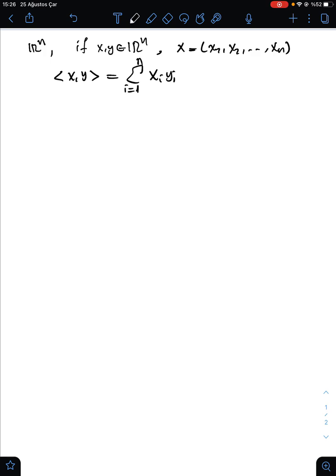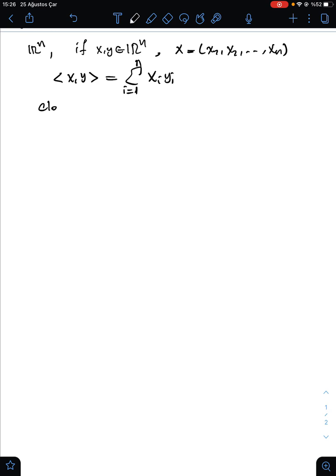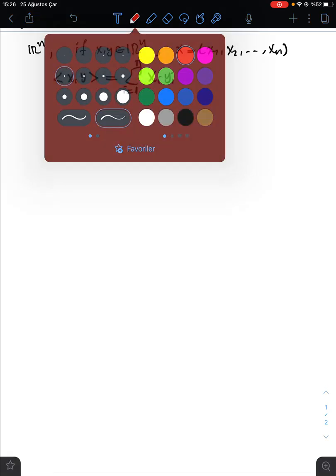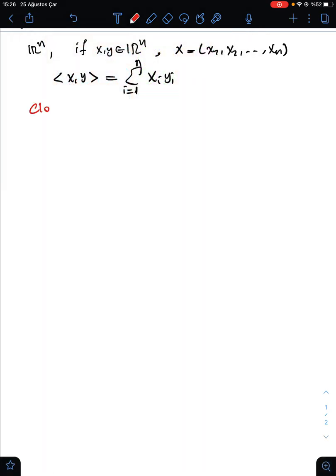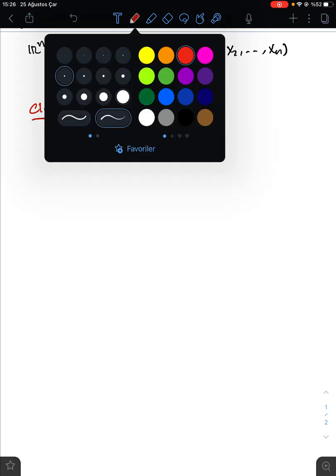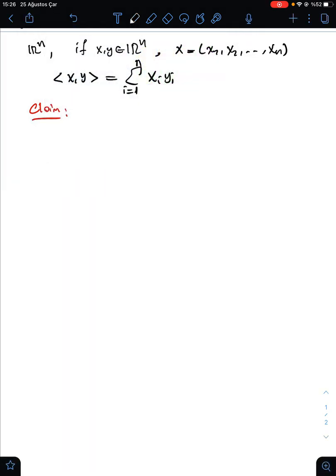So the claim, let me write in a red color, claim. The absolute value of the sum on the right hand side is less than or equal to the product of their lengths, and this is the scalar product.